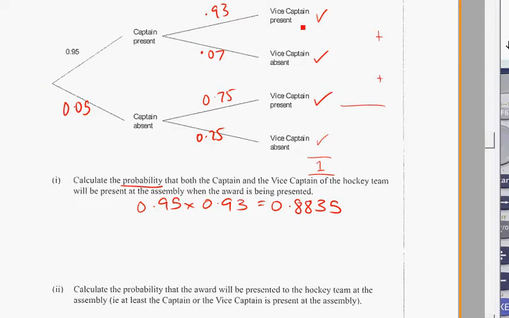But multiplying down the 3 branches and adding them up, we've done the first branch, which was 0.8835. Next branch, 0.95 times 0.07.